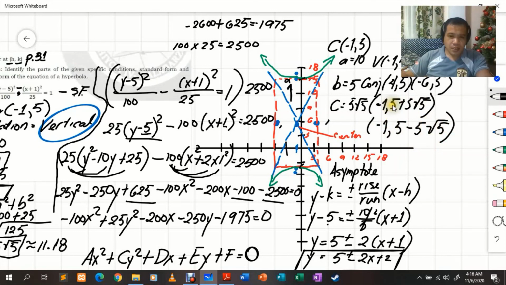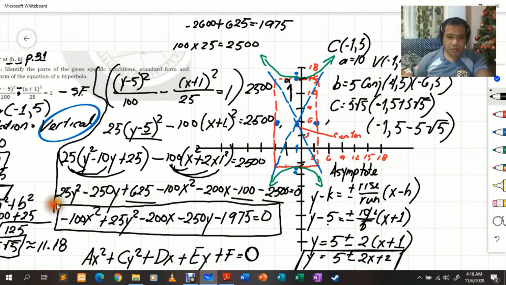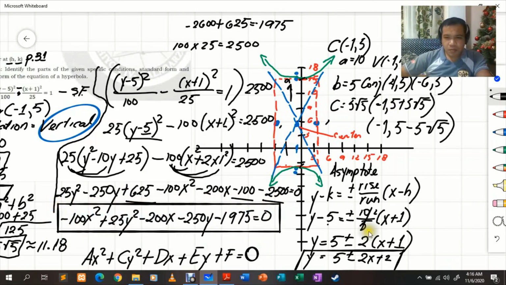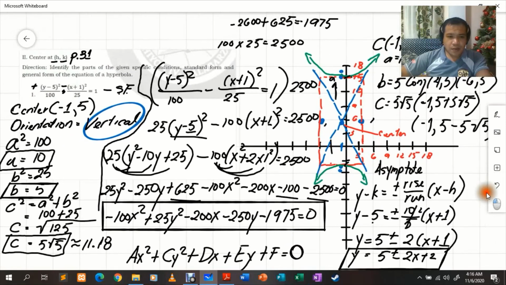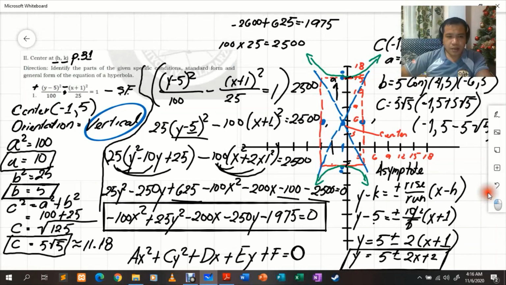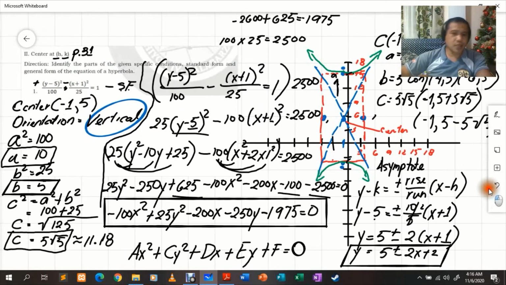So, that is our ABC. We also have the general form. Meron na rin tayong standard form, horizontal, orientation, asymptote, and that's it.